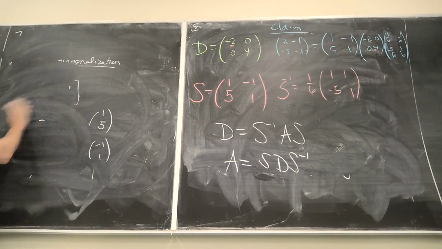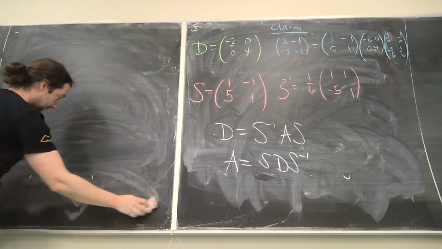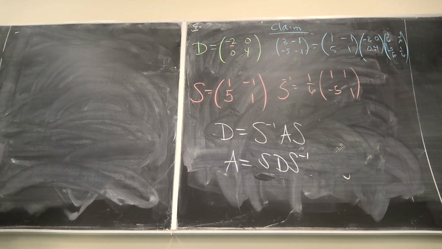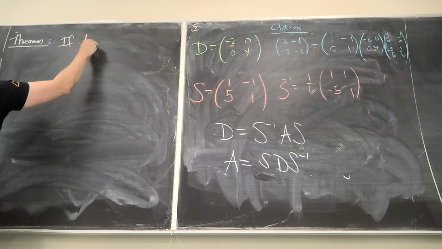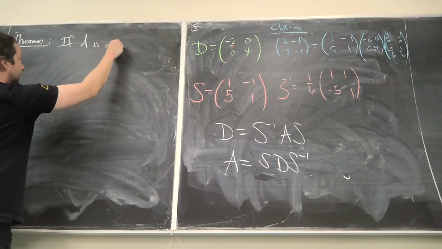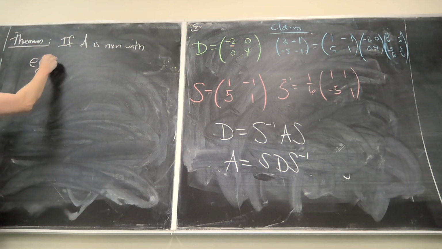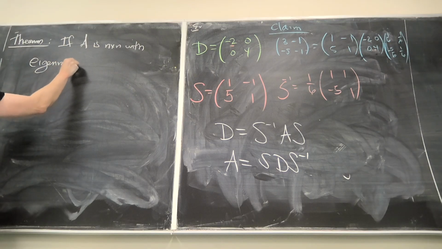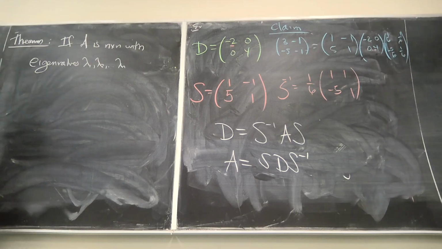All right, so to really drive this home, I'm going to state the theorem, and then we're going to do a couple more examples. The theorem looks like this. If A is n by n with eigenvalues lambda 1, lambda 2 out to lambda n, not necessarily distinct, which means they could be repeating.